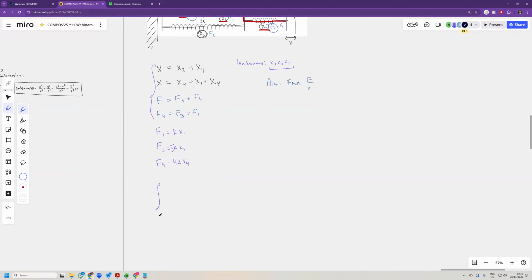So from here I get the four equations. X is x3 plus x4. X is 2x4 plus x1.